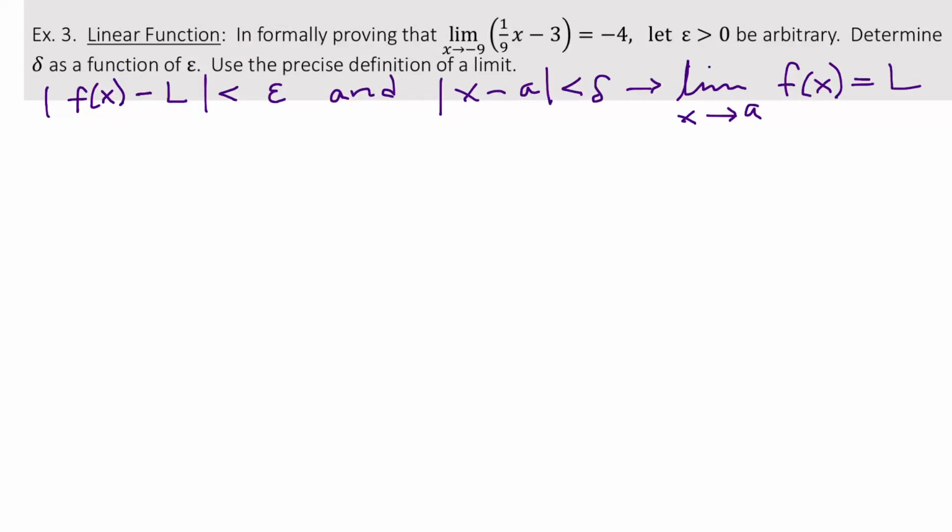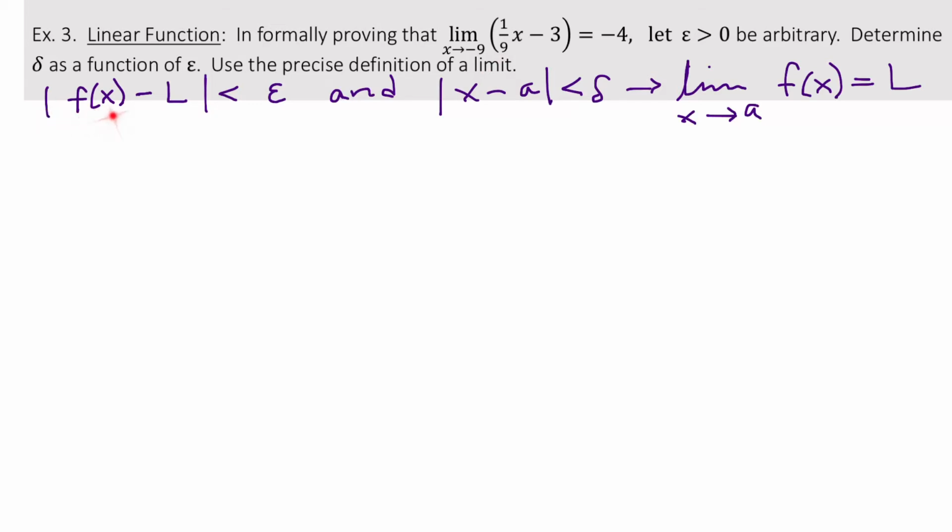All right, so here's another example, and the wording is a little different. It says, in formally proving that the limit as x approaches -9 of this linear function is equal to -4, we're going to let epsilon, some positive epsilon, be arbitrary. And it's asked, determine delta as a function of epsilon using the precise definition of a limit.